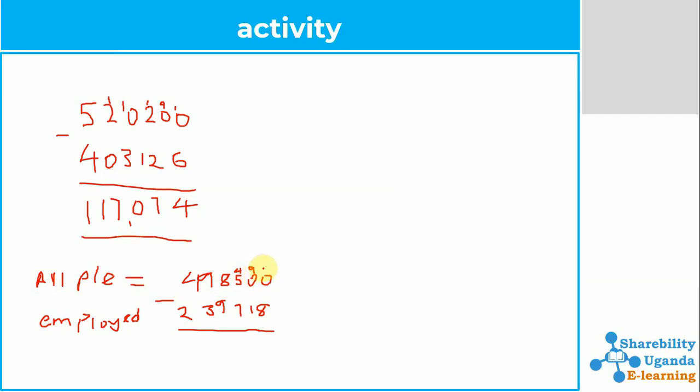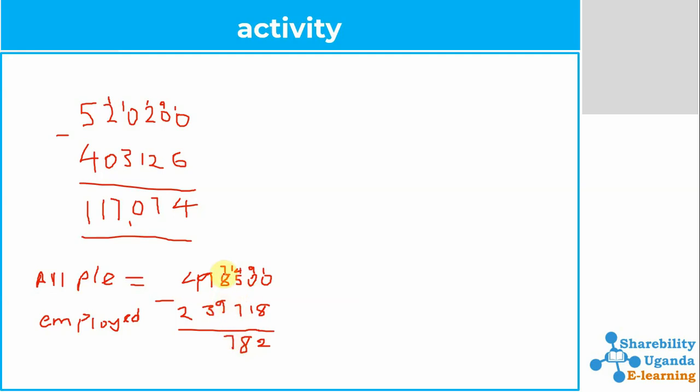This is also going to be 10. When you subtract 10 minus 8, our answer is 2. Then 9 minus 1, we get 8. Then 7 minus 7, impossible. We borrow 1 from here, so this remains 7. When you say 14 minus 7, we get our answer as 7.